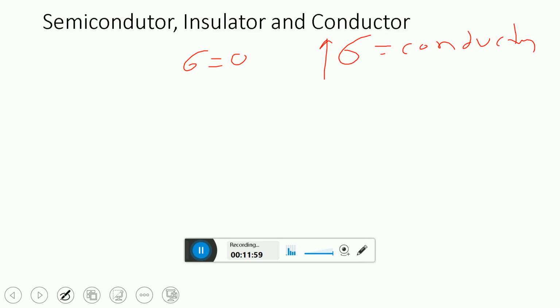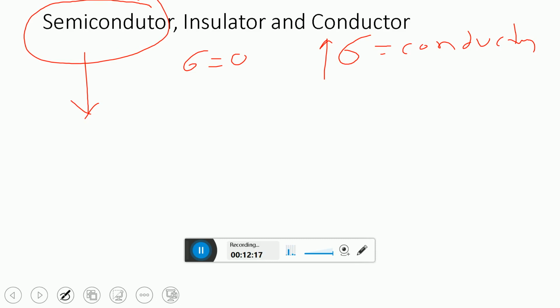What about the conductivity of a semiconductor? In the case of a semiconductor, the conductivity lies in between the insulator and the conductor. Its conductivity changes depending on the temperature.